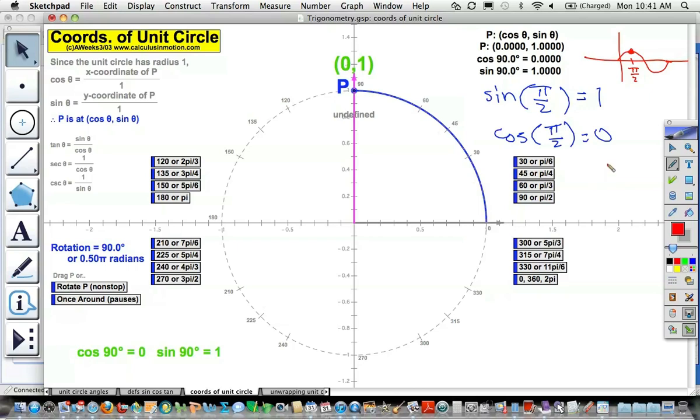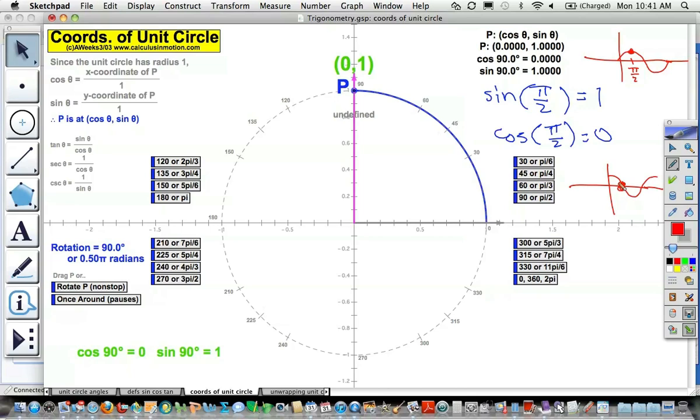If you want to do cosine of pi halves, make a quick graph of the cosine graph. Where's pi halves on the cosine graph? Right there, at 0. So anytime you have pi halves, 3 pi halves, pi, 2 pi, those that land right on an axis, make a quick little graph of those.